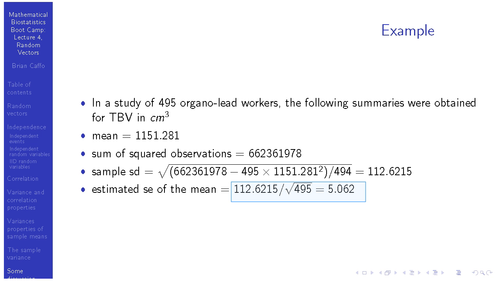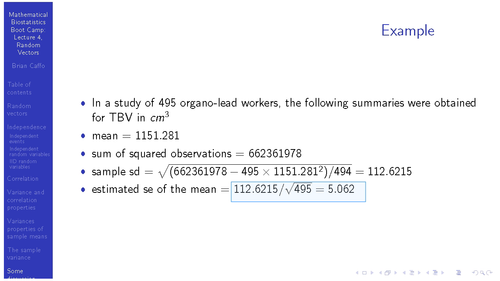Now, what does it give me if I take this 112.6 and divide it by square root 495? It gives me 5 as the numerical result. But what does that 5 actually estimate? Well, the 5 is no longer talking about the variation in total brain volumes in the population. It's talking about the variation in averages of 495 organo-lead workers.